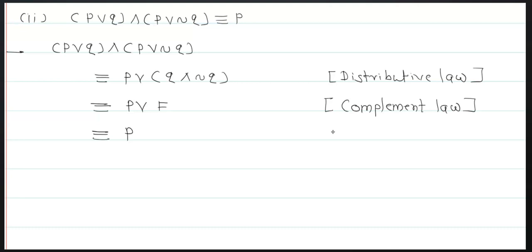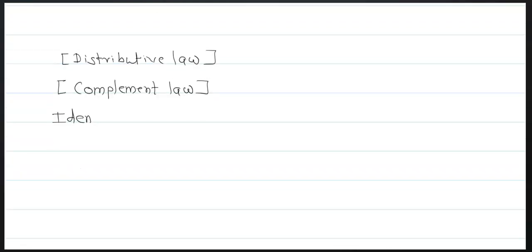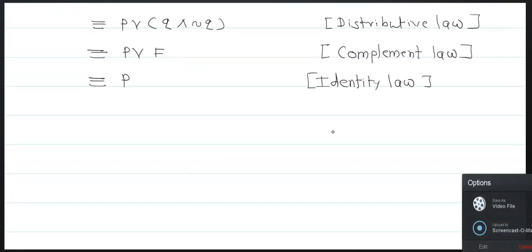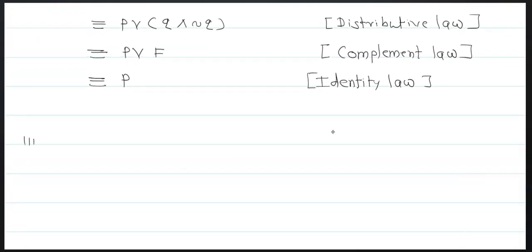And next is identity law. P OR F. That is identity law. This here you can see. Next is third one.